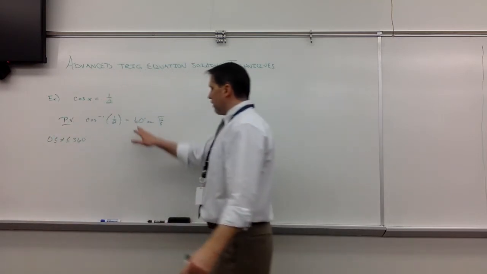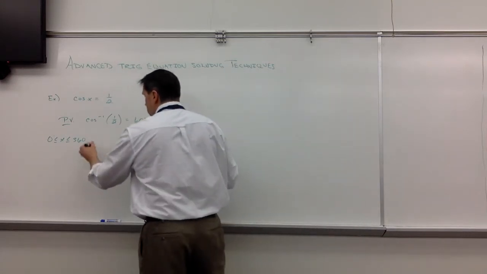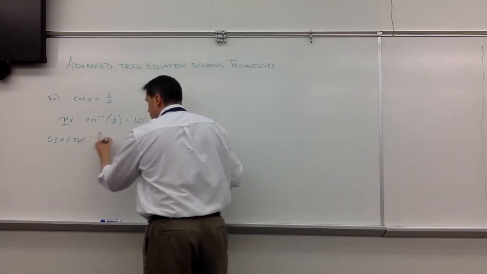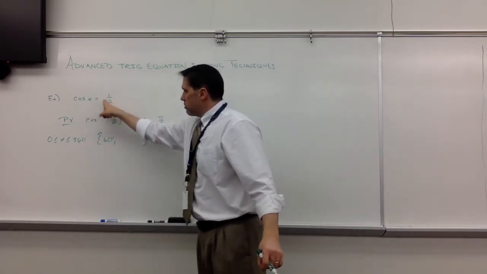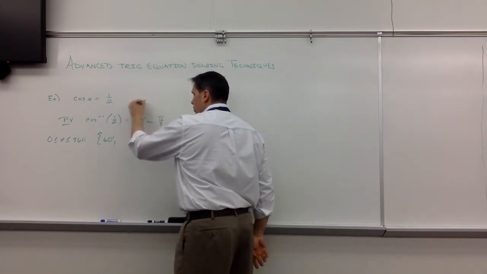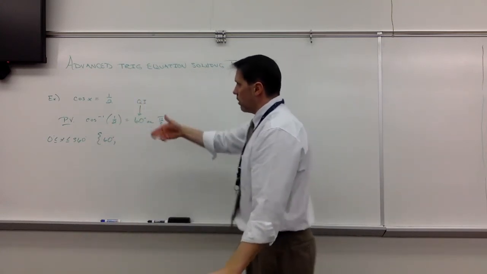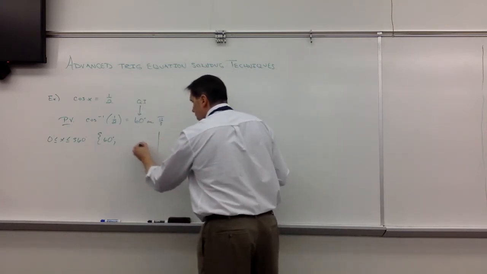Well, you always got to ask yourself, is the principal value an acceptable answer for 0 to 360? And the answer is yeah. 60 is between 0 and 360. But there is another place cosine is positive besides quadrant 1, which is what we got with our principal value. So where else is cosine positive? Well, it's positive in quadrant 4. So let's go off to the side here.